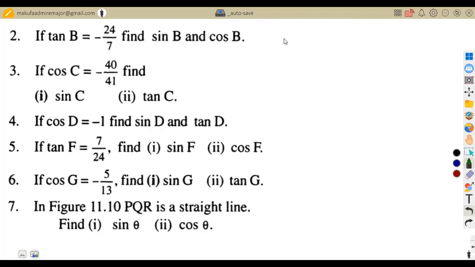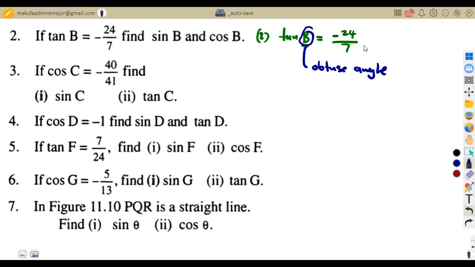They gave us that tan of B, in number 2, is equal to negative 24 over 7. They have already told us here, this angle B, we must know what this B represents. Because for tan to be a negative, it means this B is representing an obtuse angle. Remember what I said, guys, about obtuse angles. Only sine is positive, cos is negative, tan is also a negative.